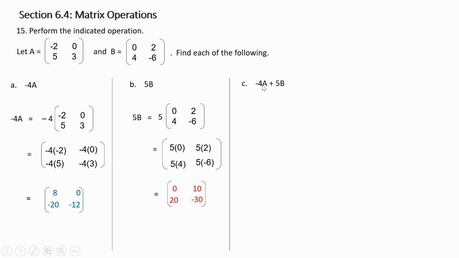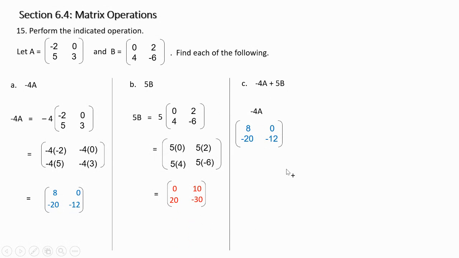Now for C, right, we have negative 4a plus 5b. We already executed negative 4a on problem A. We already executed 5 times matrix B on problem B. So now all we do is get the solution from both and add them, right?